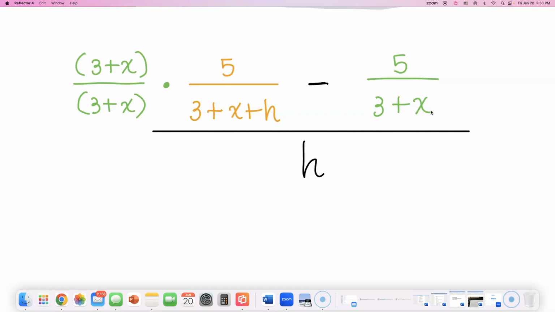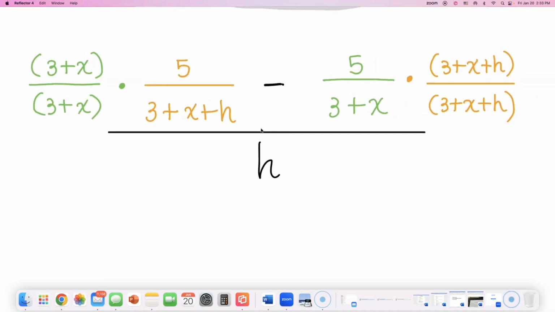Now, to the other fraction, I need to multiply by the bottom of the other fraction, which is 3 plus x plus h, and 3 plus x plus h. All this work we have to do to subtract two fractions, right?